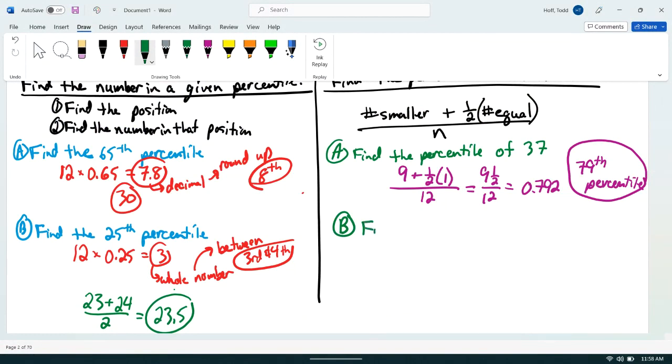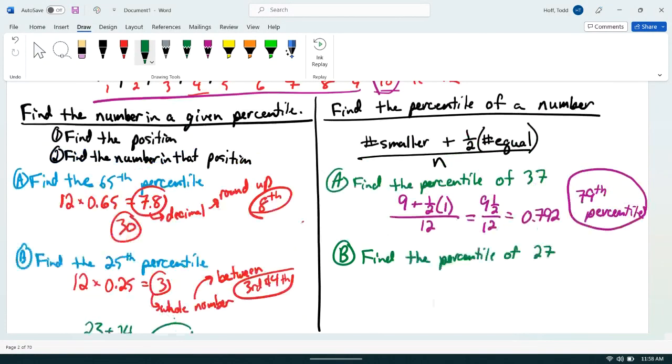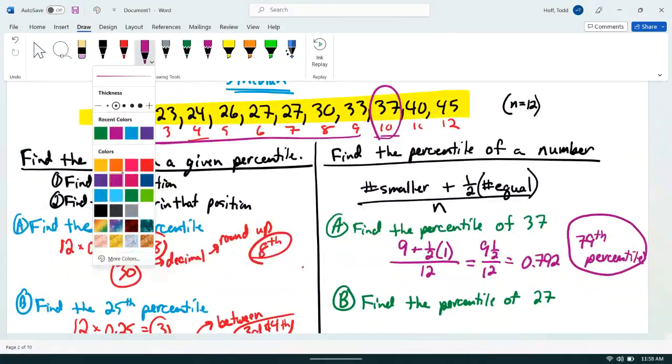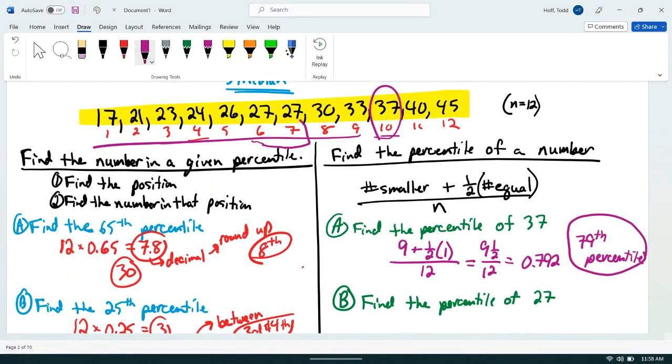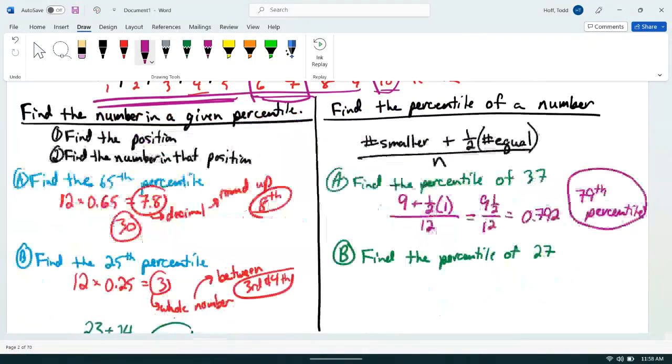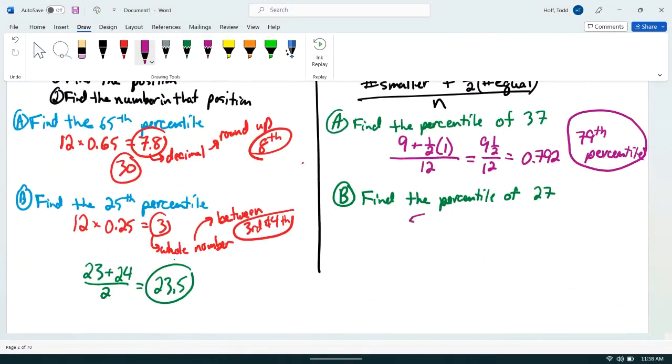Let's find the percentile of 27. So if I look up here, there's 27. There's 5 numbers smaller, and there's 2 numbers equal to it. So 5 plus 1/2 times 2, over 12.